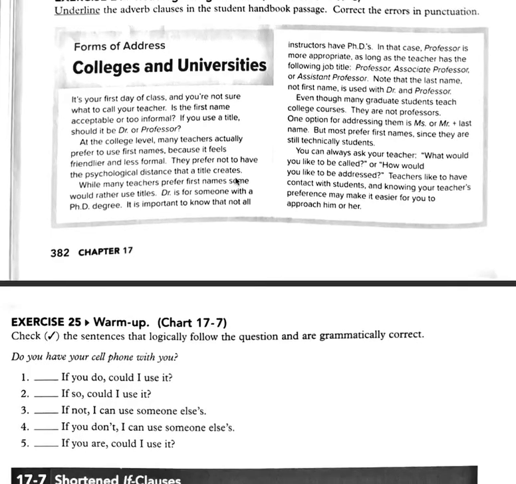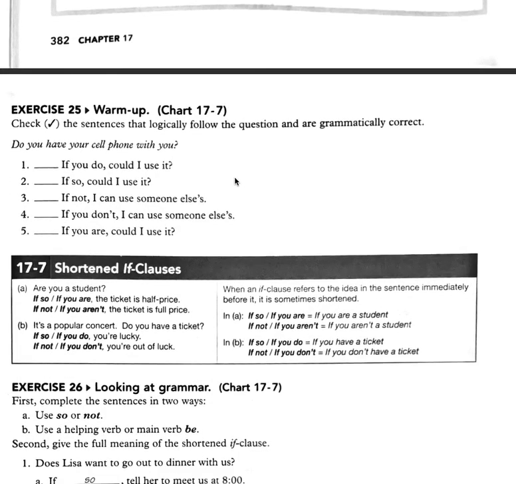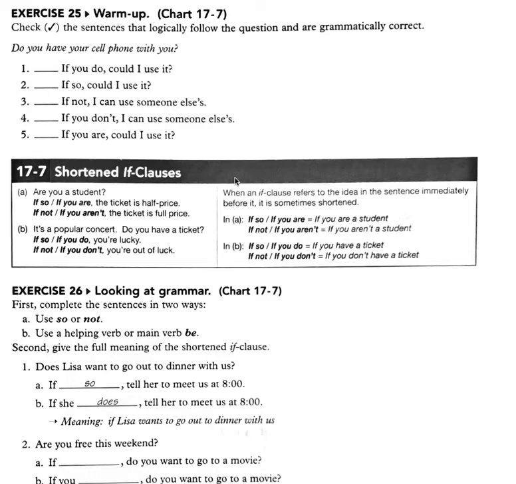We're now going to do exercise 24. Let's go on to page 383. Check the sentences that logically follow the question and are grammatically correct. Do you have your cell phone with you? Number 1. If you do, could I use it? That means yes.